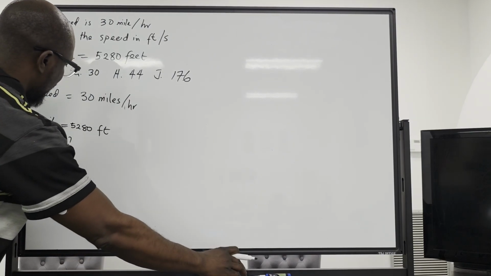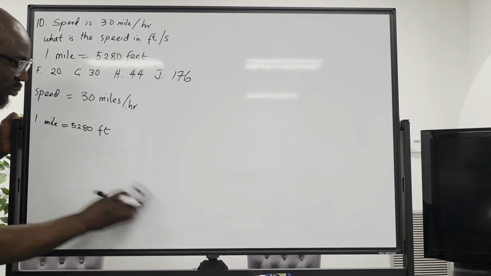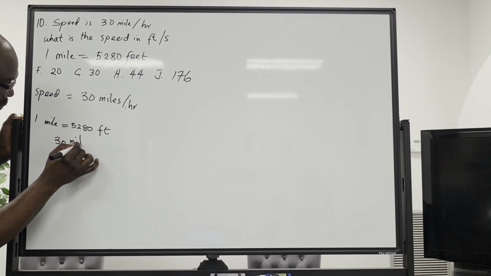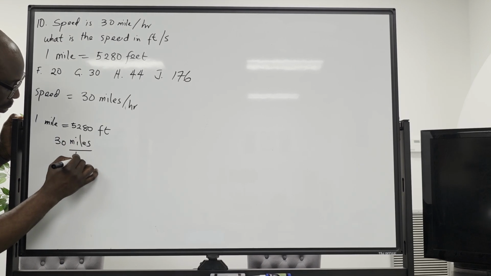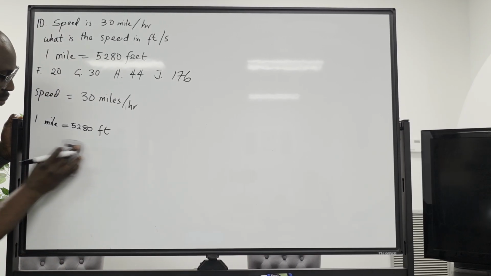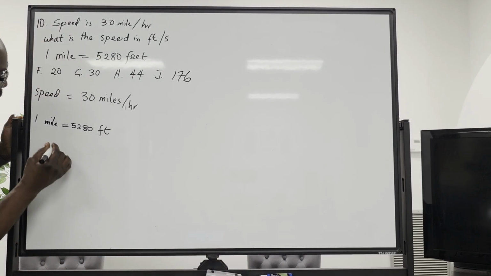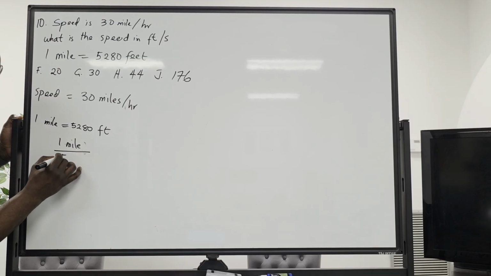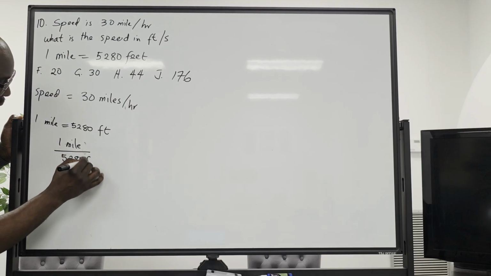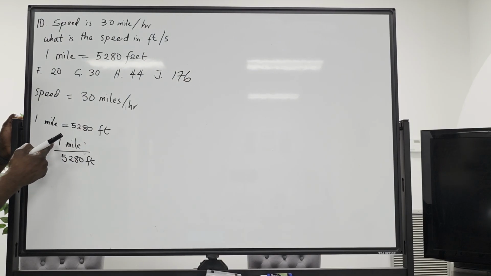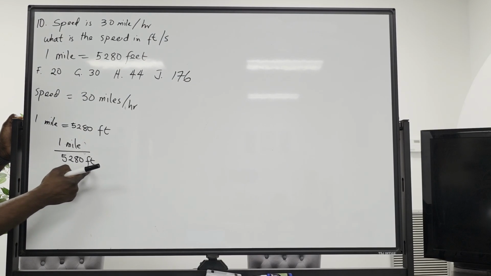To do that, write your 30 miles per hour. Sorry. 1 mile is equal to 5280 feet. Whenever I see this line it is per, so 1 mile is equal to 5280 feet.